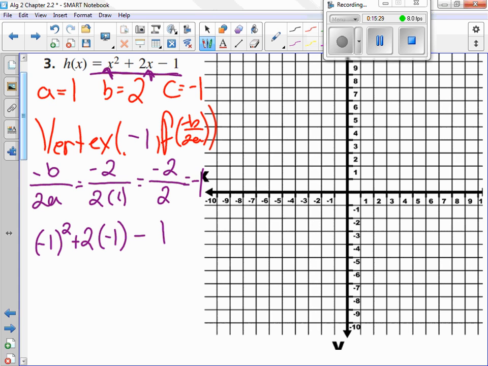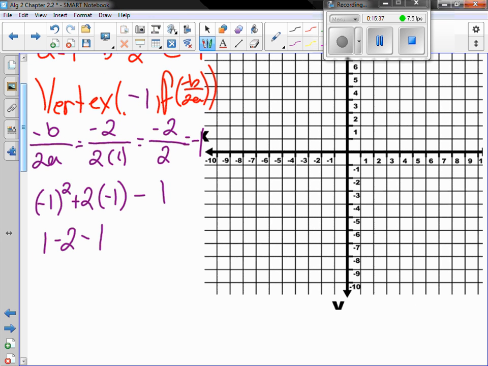Negative 1 squared is 1. 2 times negative 1 is negative 2, minus 1. 1 minus 2 is negative 1, and negative 1 minus 1 is negative 2. So our vertex is negative 1, negative 2.